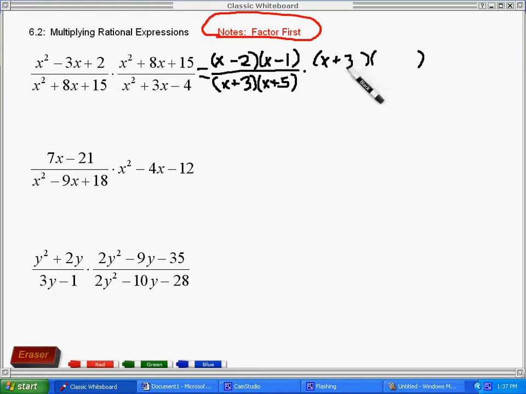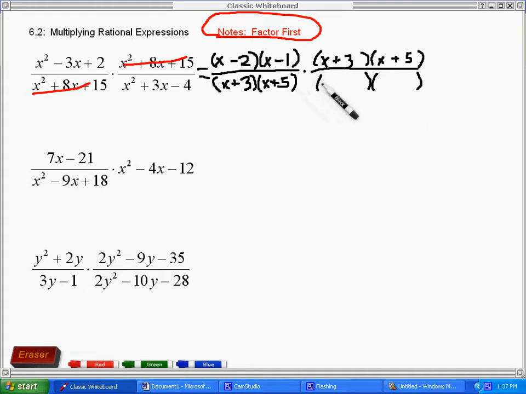But we have x plus 3 and x plus 5, so we don't even really need to factor here, because these two are basically just going to cancel. This is going to cancel with this, but I already did the factoring, so I'm not going to erase it at this point.